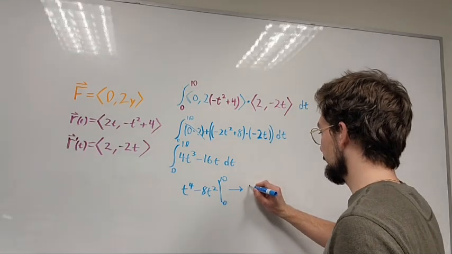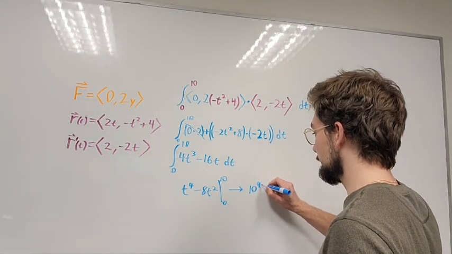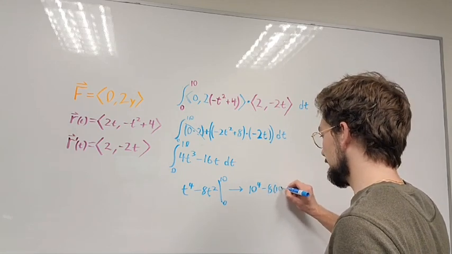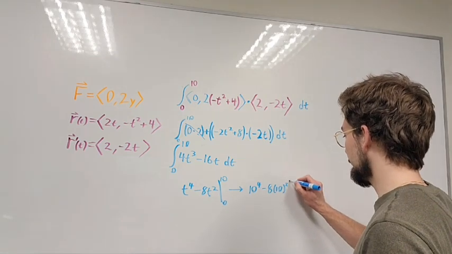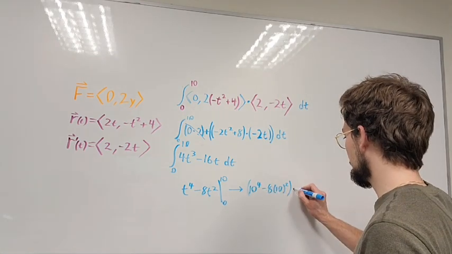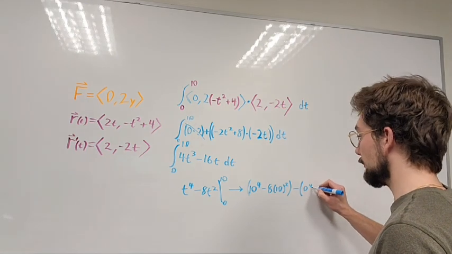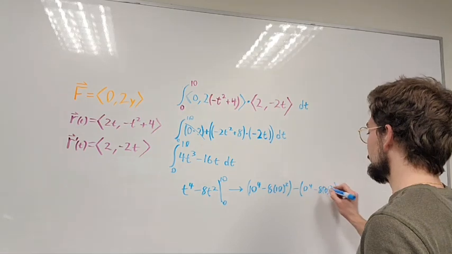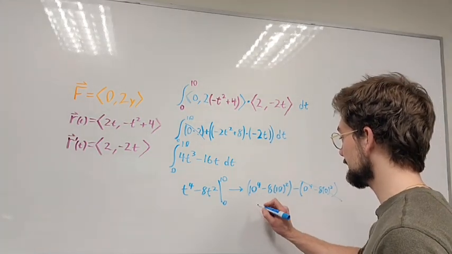We got 10 to the 4th minus 8 times 10 squared, and then that minus 0 to the 4th minus 8 times 0 squared. That's 0.